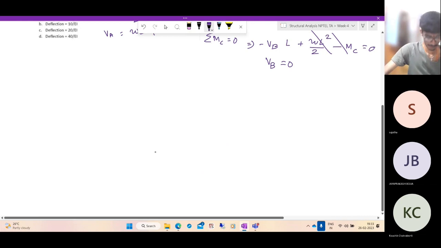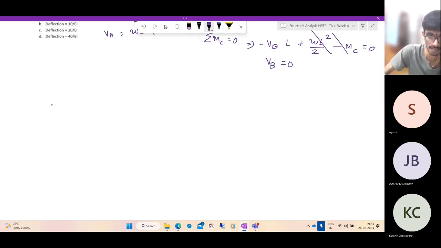Now let us draw the bending moment diagram for this beam. So it is nothing here. Here it is like this, and here it again goes to 0. Here there's an internal hinge, so it is 0.